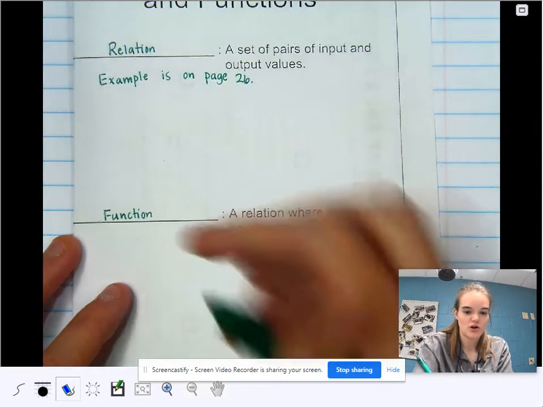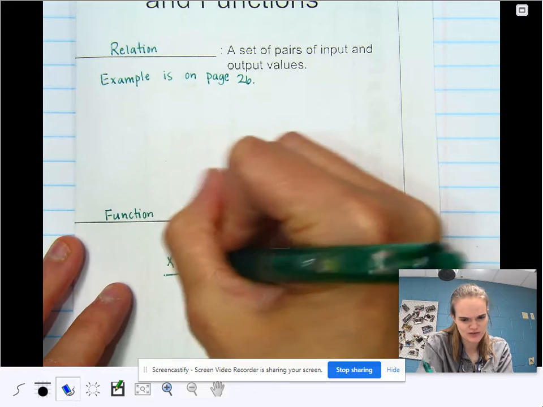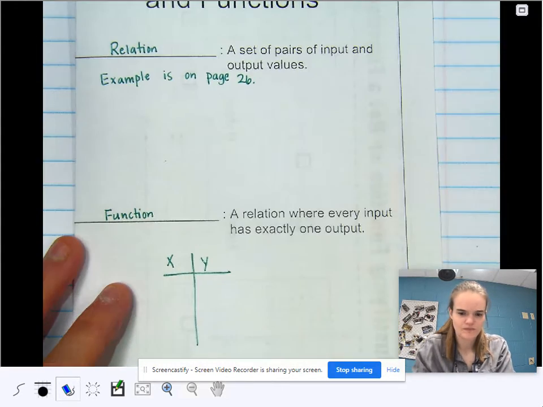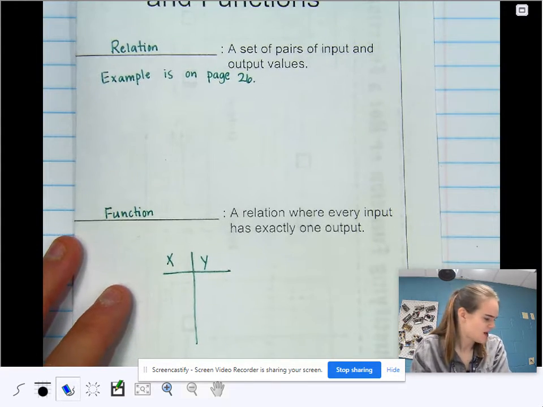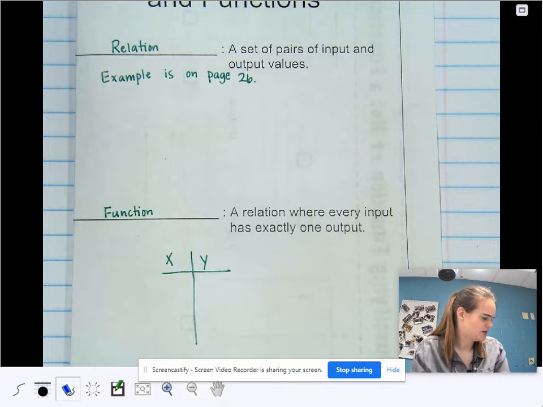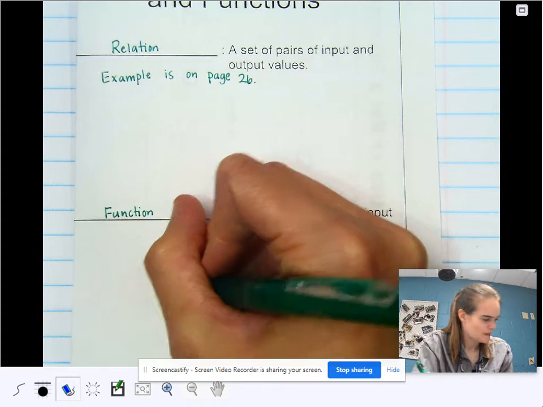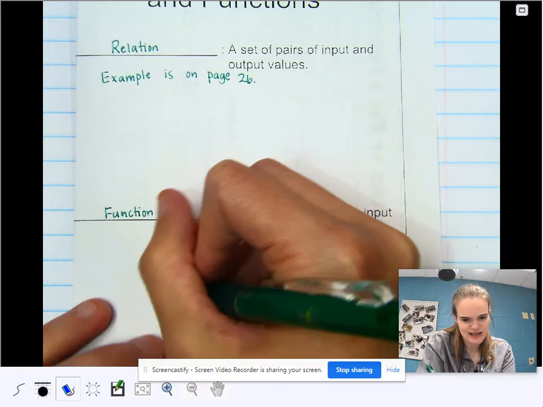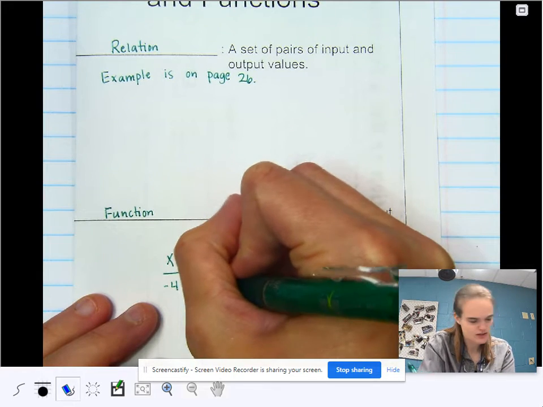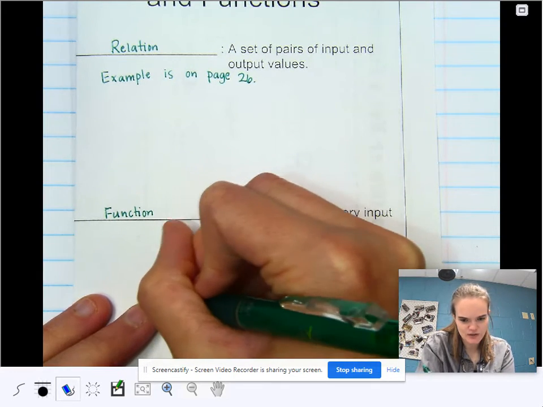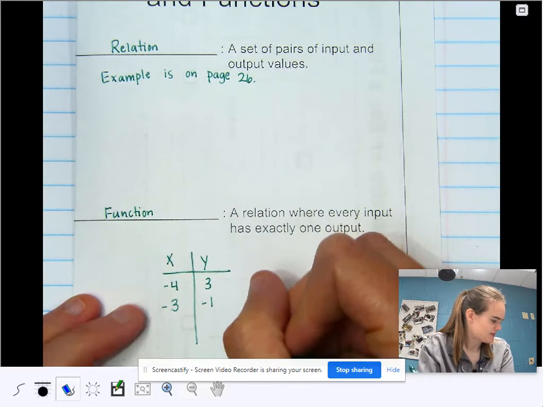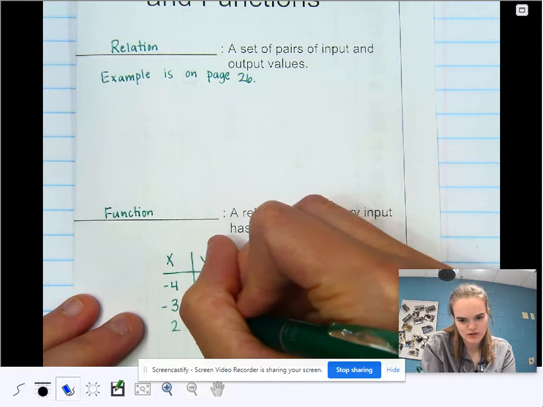Okay? I'm going to draw a table. Let's talk about what that means. I'm going to use the same coordinates I had over here, and I'm going to look at the table. I had -4 and 3, and I had -3 and -1, and I had 2 and 0.